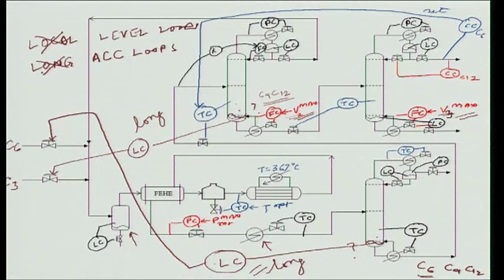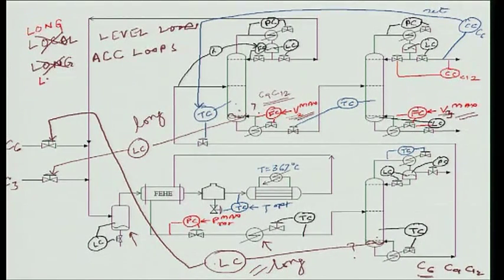What we are basically doing in our approach is long level loops instead of local level loops, and we get local active constraint control loops instead of long active constraint control loops. Because back off from active constraints affects my economics significantly, this gives me significant economic advantage. Alright.